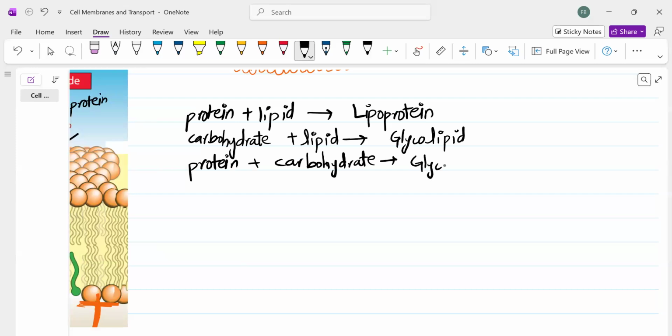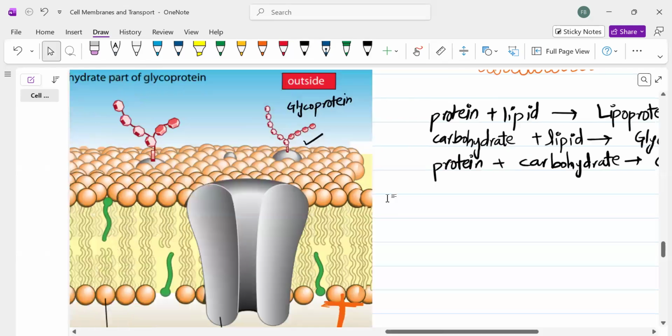Protein will always be last. Glyco will be at the start, and lipo can also be at the start. You cannot use protolipid. That is wrong. You have lipoprotein, glycolipid or glycoprotein.